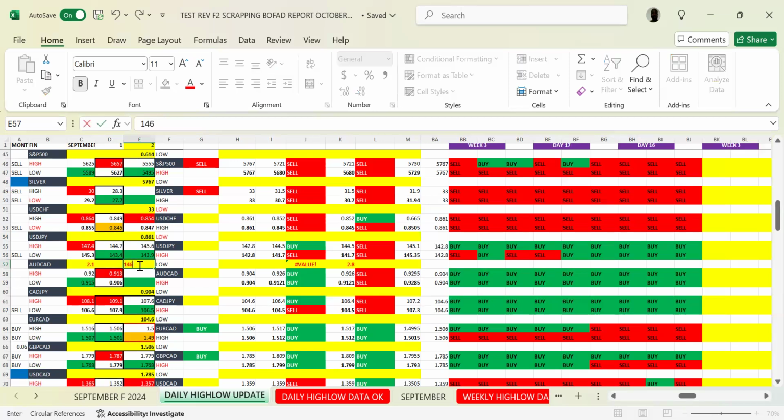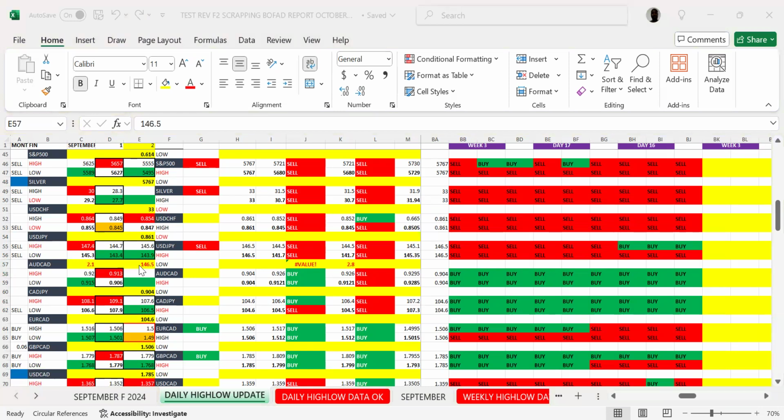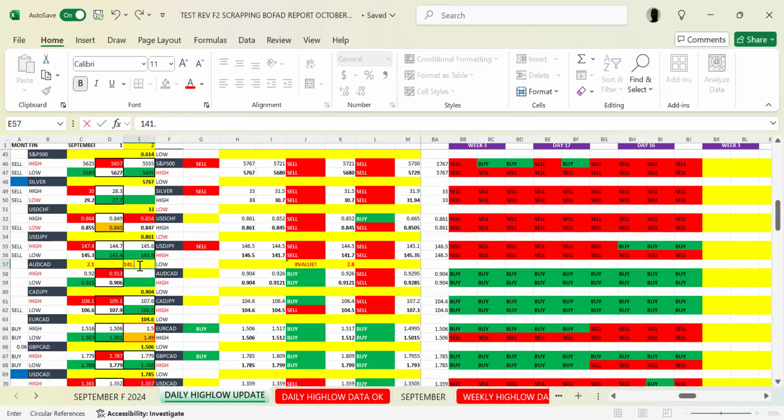At 146.5, you can see that it was a sell and now trying to move back to a buy. The third move was 141.6, and currently we are at 149.1. At 141.6, you can see that it's a buy all through.